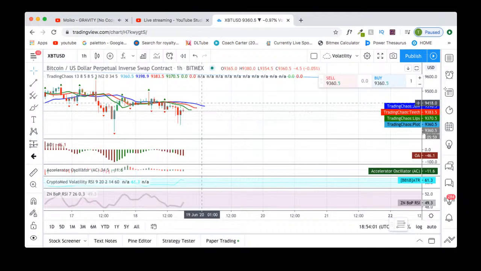And I'd have a buy here on the 4 hour. So I have a buy at 9,432. And I'd have a sell at 9,263.